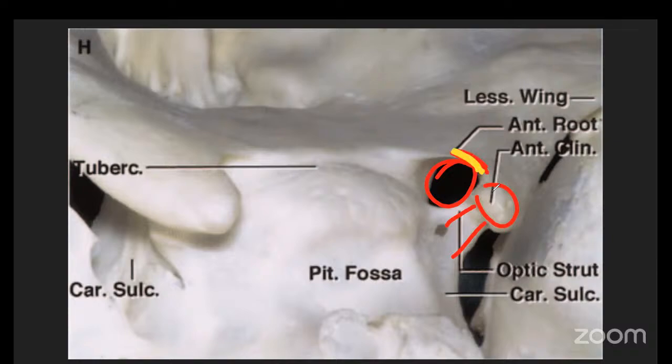And this here is the floor and the lateral wall of the optic canal, which is made by the optic strut. And optic strut also separates the superior orbital fissure, which is here in the orange. The superior orbital fissure is separated from the optic canal with the help of optic strut. So what ends up happening, once we do the anterior clinoidectomy, we take up this whole thing.